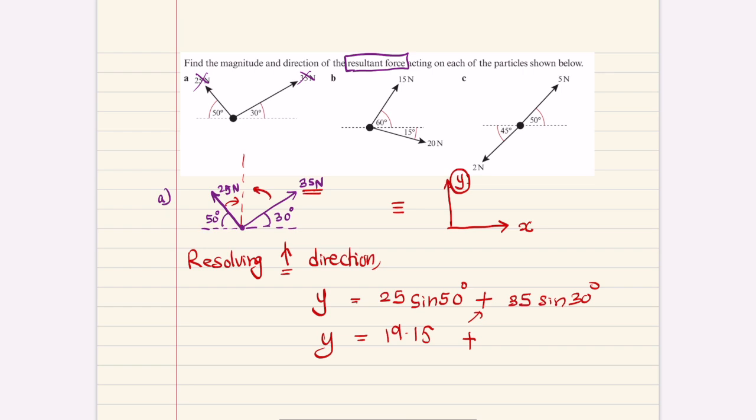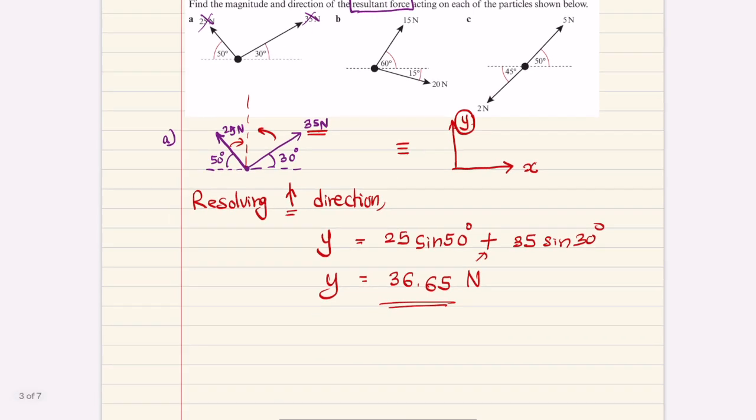My final answer will be 36.65. Rather than split it into two parts, I just typed everything in one go. So this is the vertical component acting in the direction of the resultant.